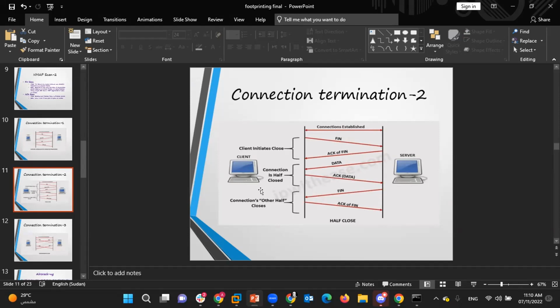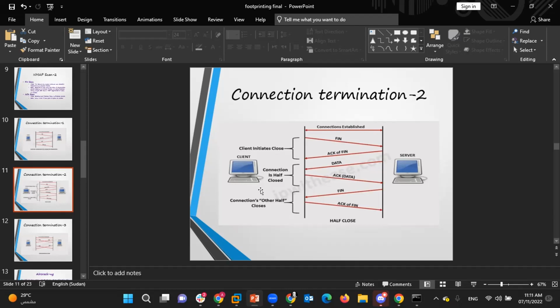It may be hung at that time. It may be a network issue. It may be something. But at that time, the connection is established and he sent a SYN request, and he received a SYN ACK, and it may be still under processing with the sending data.